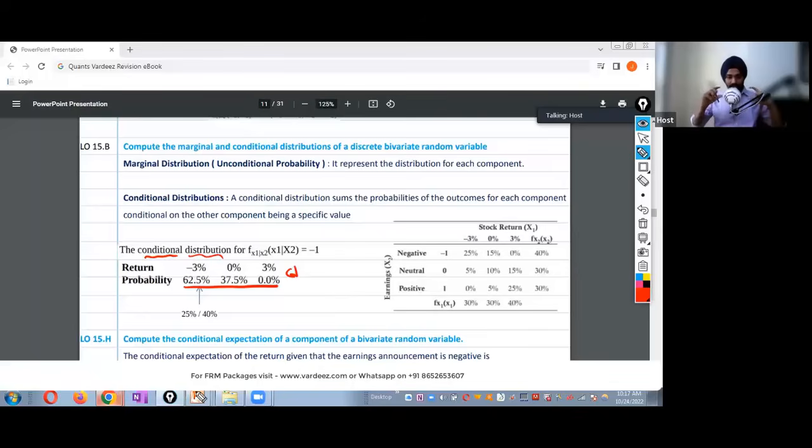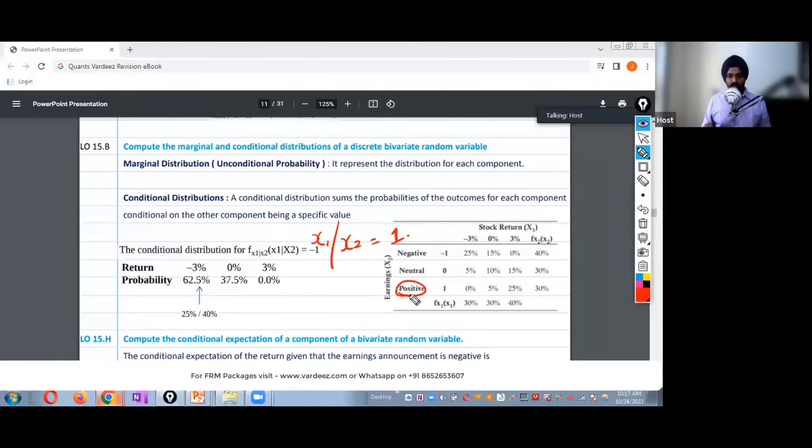Now it's not a single probability that we are finding. This thing is a distribution. It's a distribution for conditional data. Now, if I have x1 given x2 is equal to maybe positive rating or maybe +1, then what do I mean by that?